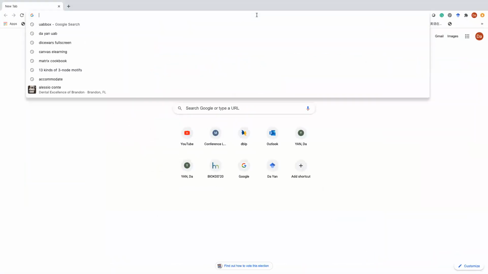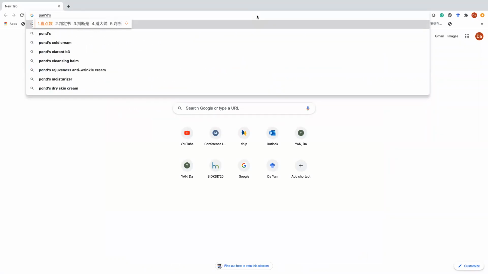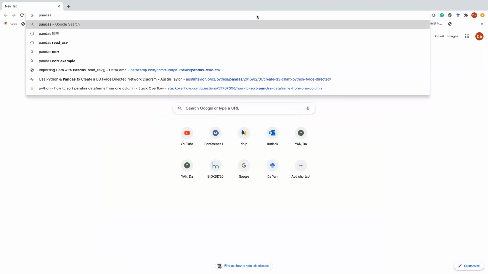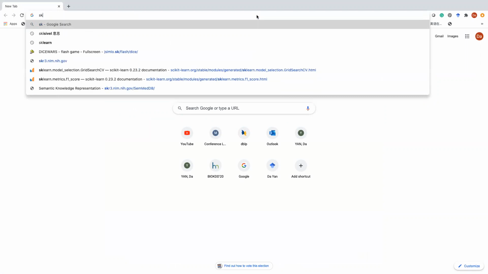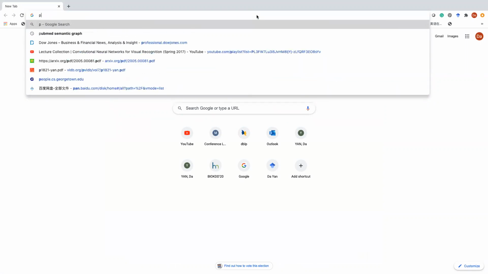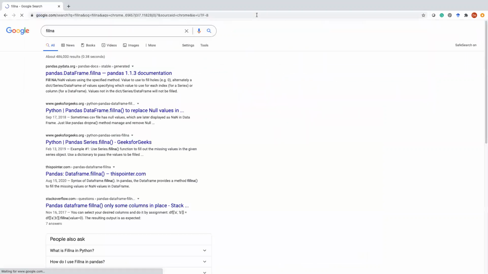Okay, so let's take a look at how in machine learning we usually do this. Usually we have pandas. I think pandas will read the table and then you can fill the values. Pandas has a fillna function in Python.